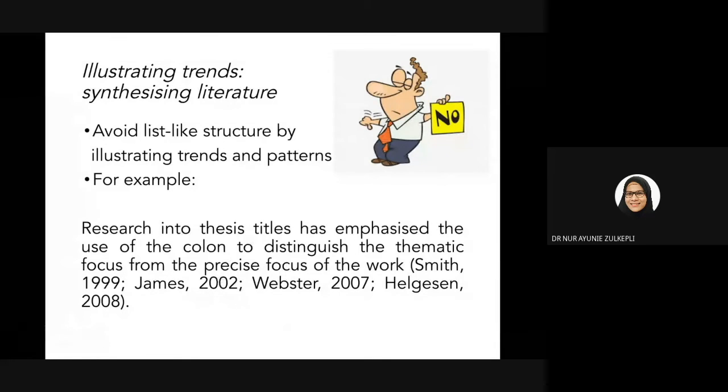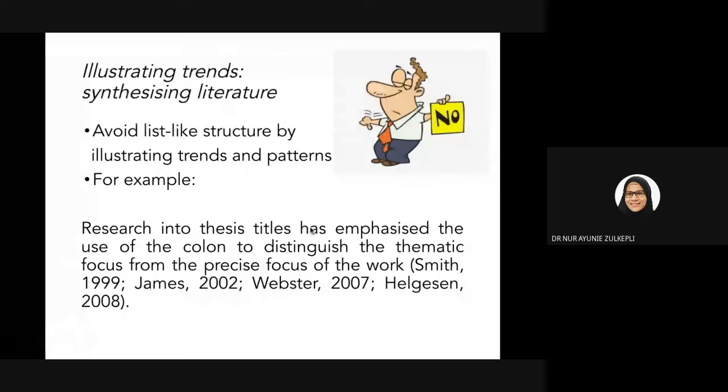sentencing right now. And reviewers or examiners also don't like this type of sentencing, because you do not know which one of them suggests the colon to distinguish the thematic focus, or which part Webster's focus is actually on, the thesis title or the thematic focus, and how would you relate these types of referencing to your statement.